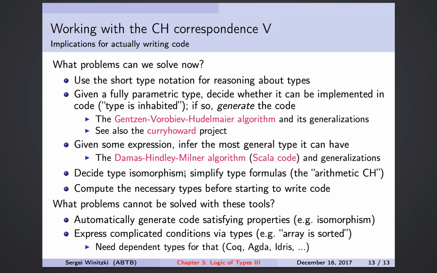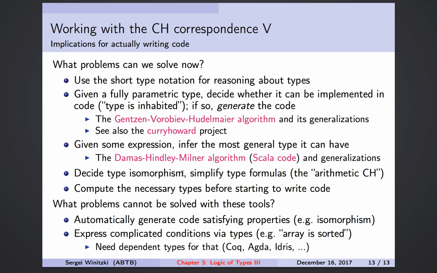We can decide type isomorphism. We can decide whether some types are equivalent. We can simplify type formulas using the arithmetic Curry-Howard correspondence. Well, I call it the arithmetic Curry-Howard. This is not accepted terminology in computer science, but I found it very helpful to think about it this way, as arithmetic correspondence.